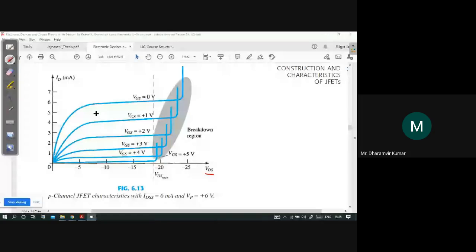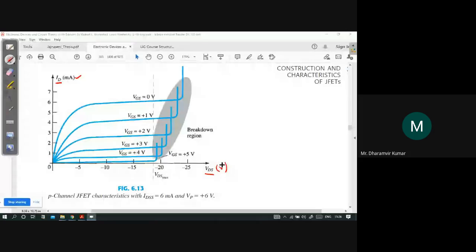ID is in milliampere, and VDS is in volts, and so this is an ID VDS curve. We call this an IV curve or ID VDS curve, whatever. There are many names for this curve, or simply the JFET characteristic. Okay, the JFET current characteristic.